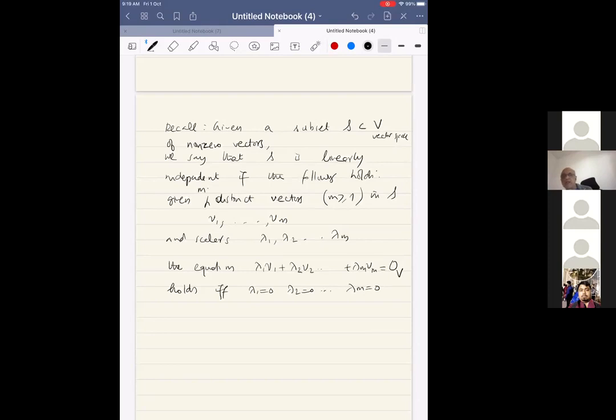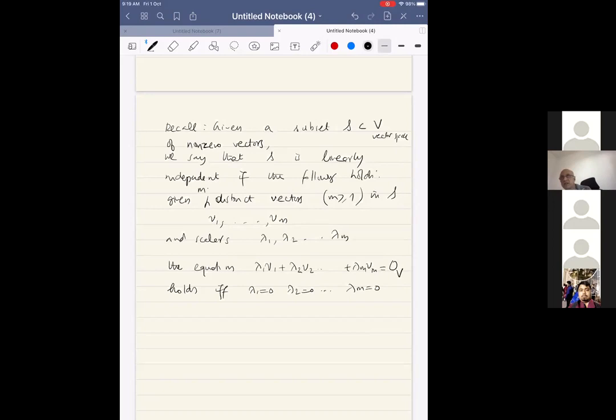Note that the definition does not require S to be a finite set. It is some subset of the vector space consisting of non-zero vectors. So none of the vectors in the subset is the zero vector.